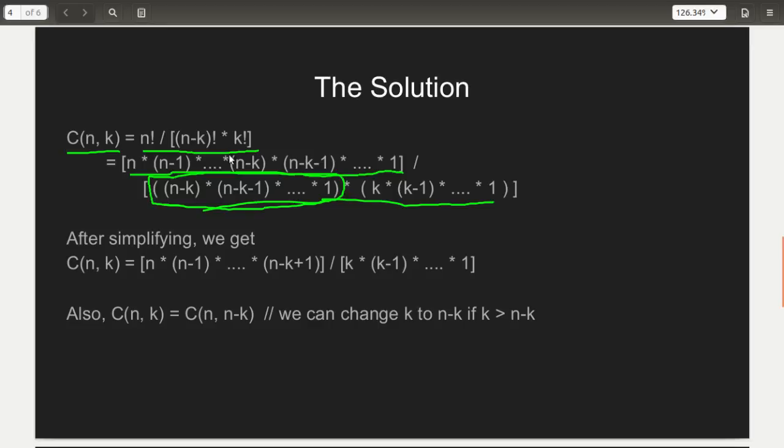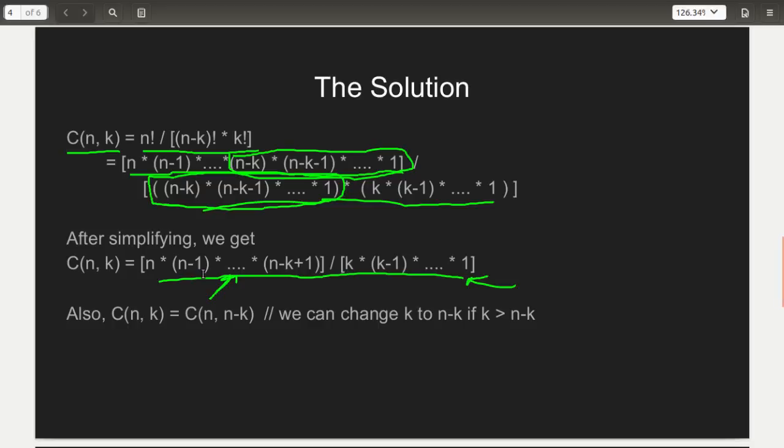So we can cancel these out, and after simplification this is what we get. Now we have exactly k terms in the denominator going from k to 1, and at the same time in the numerator also we have exactly k terms going from n to n minus k plus 1.